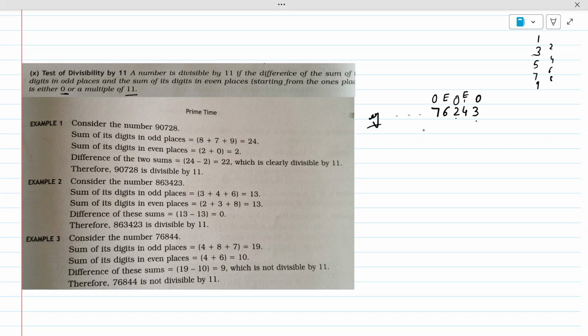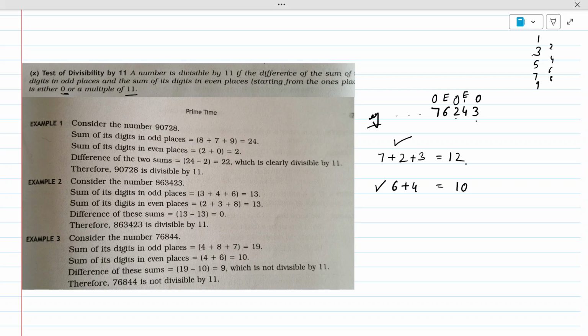So if I take the example of this number, let us first identify the sum of the digits at odd places and the sum of the digits at even places. I am writing the odd places first. Here I have 7 plus 2 plus 3, which will give me 12. Okay, and at even I have 6 and 4. 6 plus 4. These are the sum of the digits at odd places and the sum of the digits at even places.